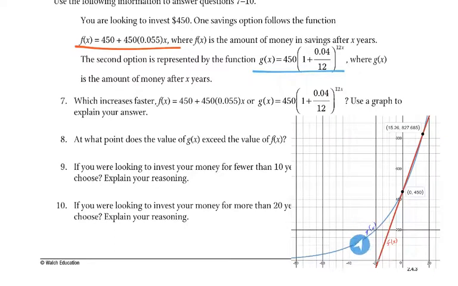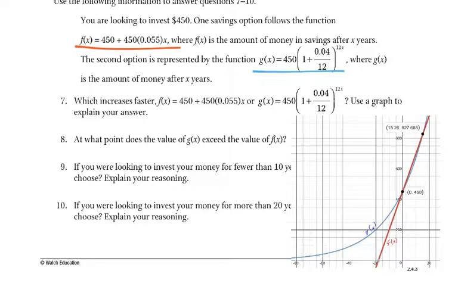So if we look at this, g of x, f of x, they start off both at 450, right? Okay, and at first it looks like the linear one wins out, but here at 15.26, okay, that's when they're the same, and that's when the exponential gets bigger.